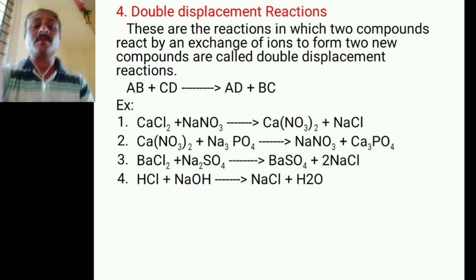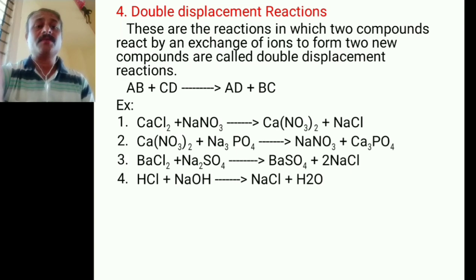The same in the case of the first example, CaCl2, calcium chloride, combined with sodium nitrate, NaNO3. Calcium chloride exchanges the chlorine ion with that of sodium nitrate. Calcium combines with nitrate to form calcium nitrate, Ca(NO3)2, whereas chlorine combines with sodium and forms NaCl, common salt.